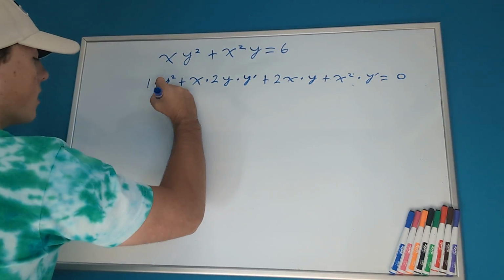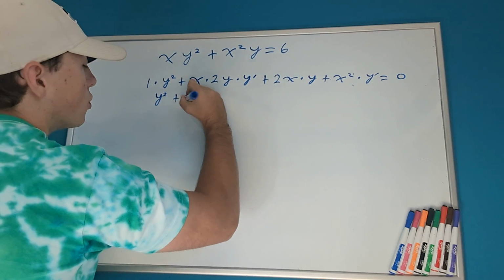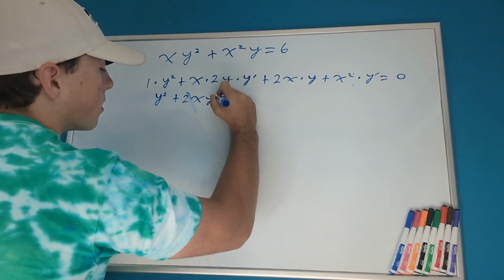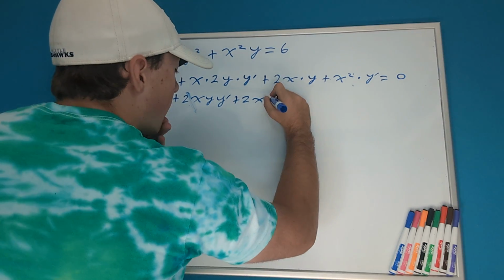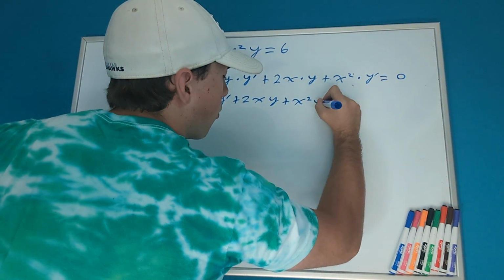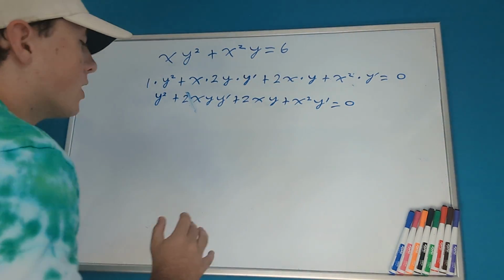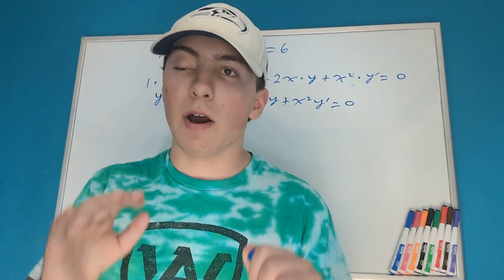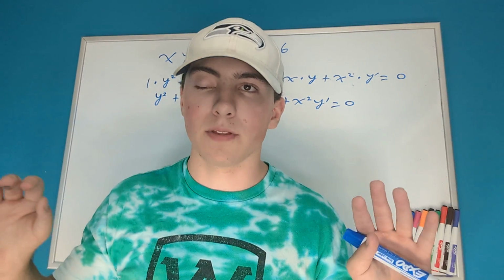So let's just rewrite this a little nicer: 2x y prime plus 2x y plus x squared y prime equals 0. Then what we're going to do is put all of our parts with y prime on one side and all of our parts without it on the other side.